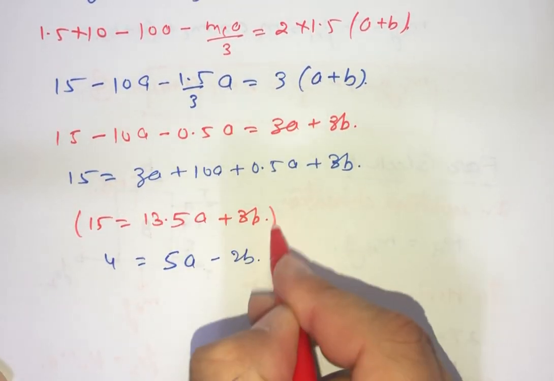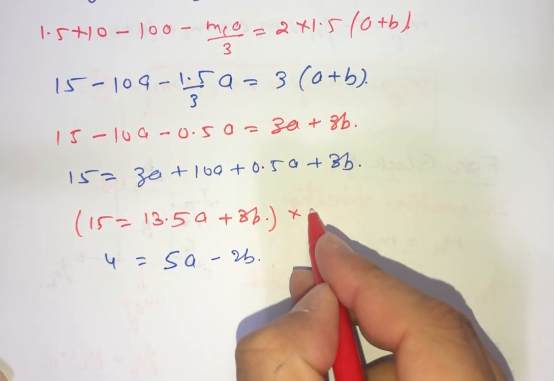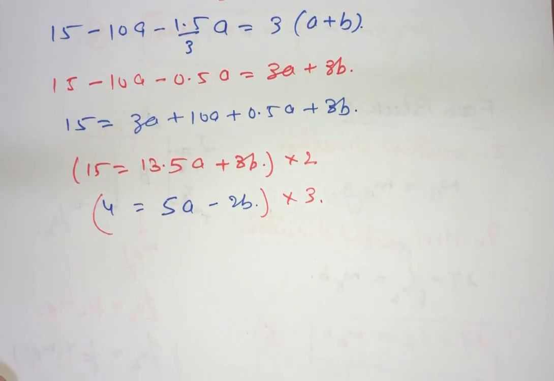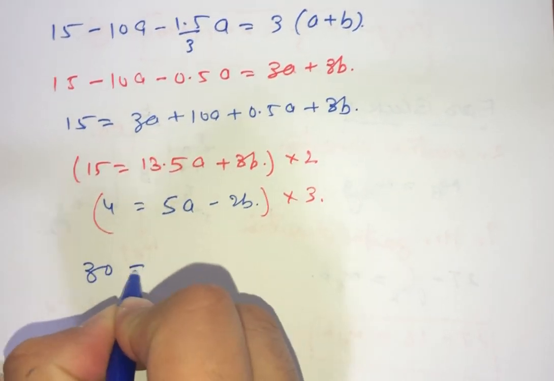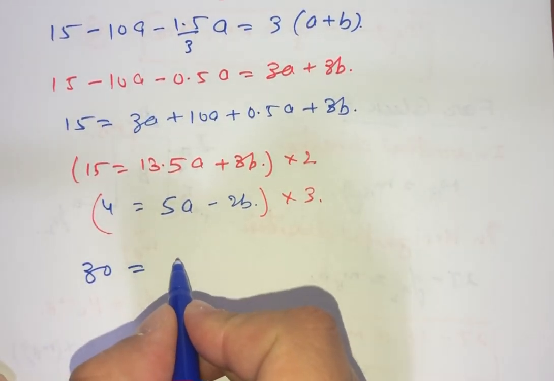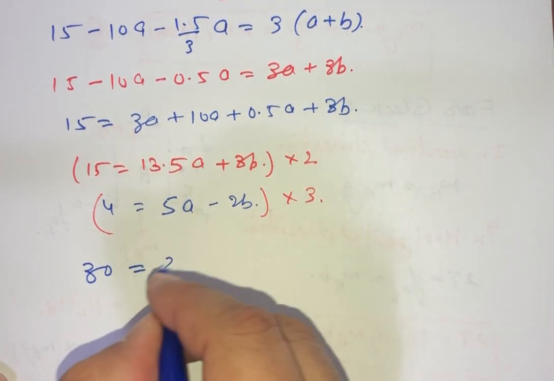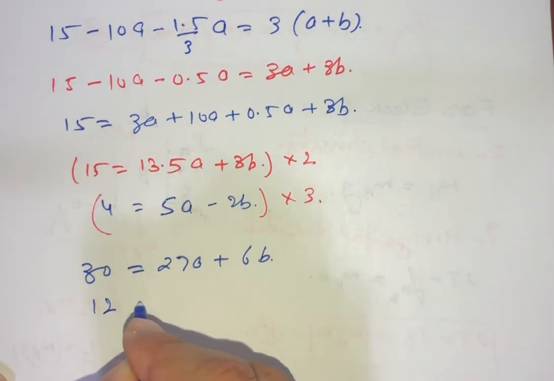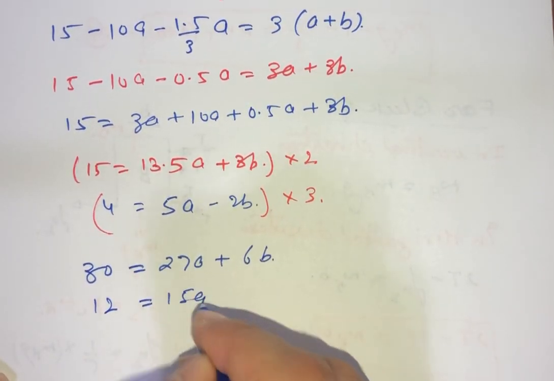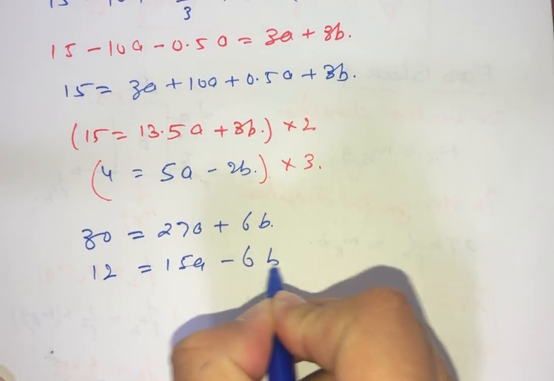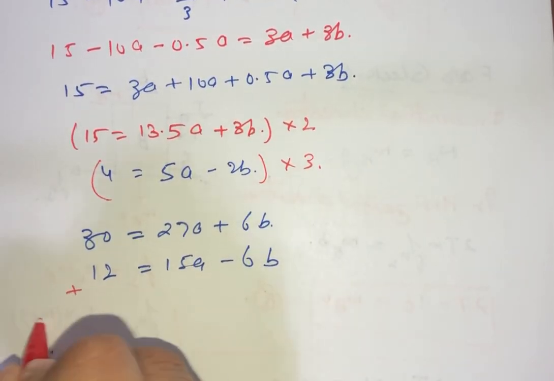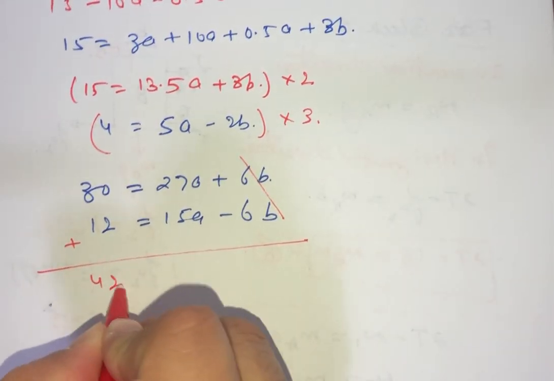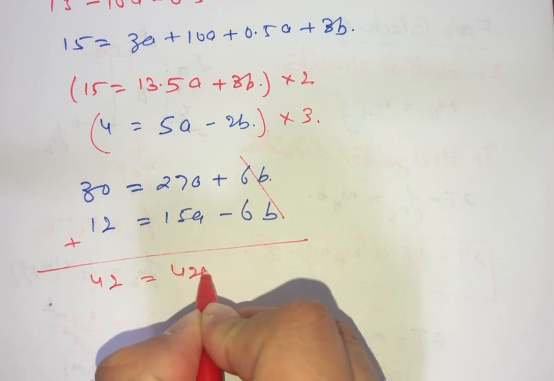So we multiply this equation by 2 and this equation by 3. We are going to get 30 is equal to 27a plus 6b, and 12 is equal to 15a minus 6b. Adding them, 6b cancels out, so this gives us 42 is equal to 42a.